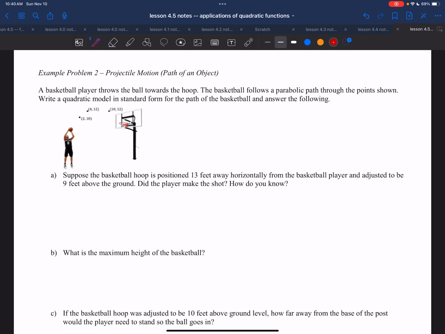Example 2, projectile motion. Oh, again? And I say, yes, again, except this one is about the path of an object. So in the previous problem, we did height versus time, but here we're going to look at distance versus height. And the reason this is different is because this is the visual parabola you're seeing. See our little basketball player here.